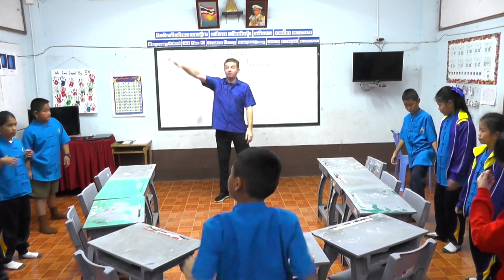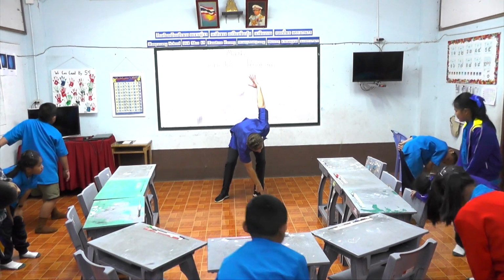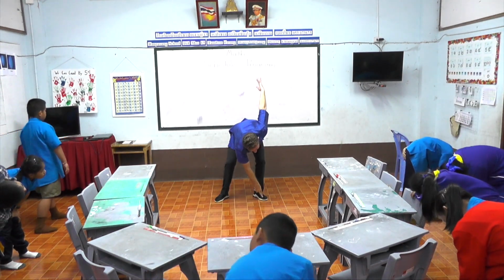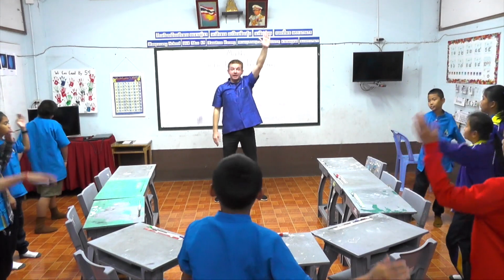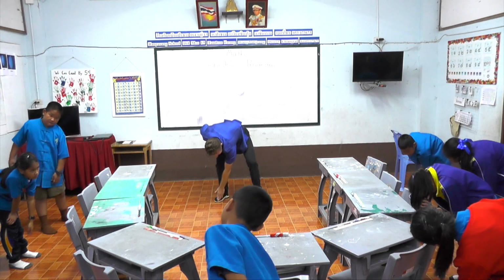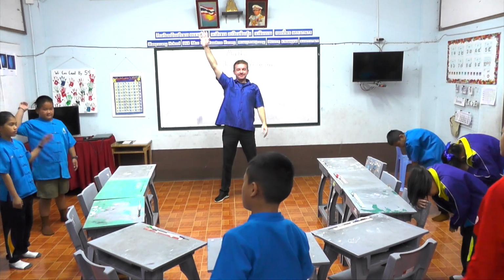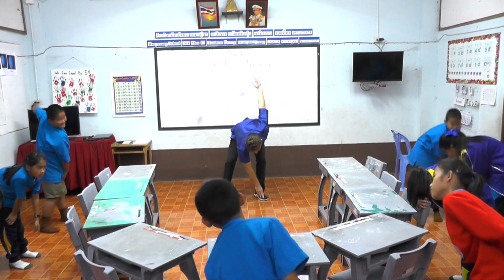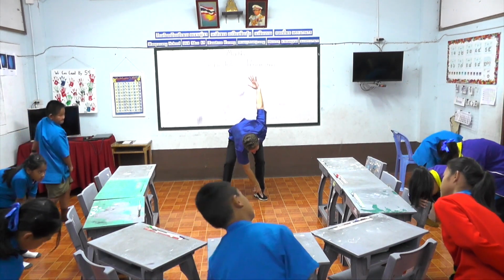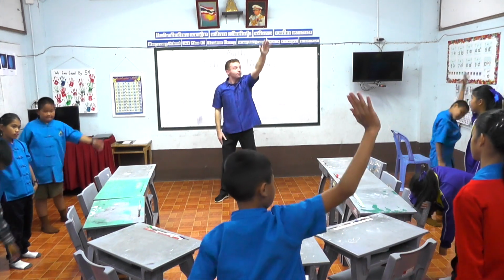Then we can take our right hand and find our left foot. Then take our left hand and find our right foot. Right hand, left foot. Left hand, right foot.